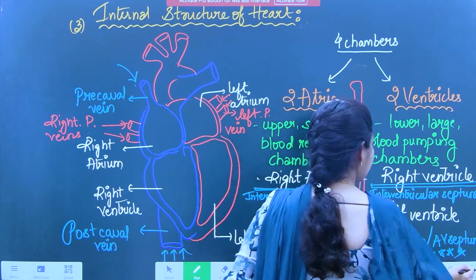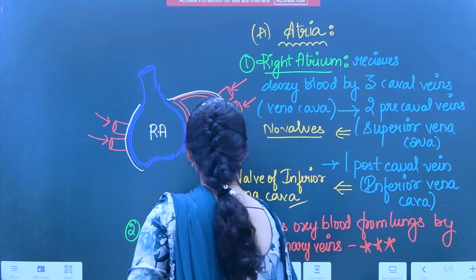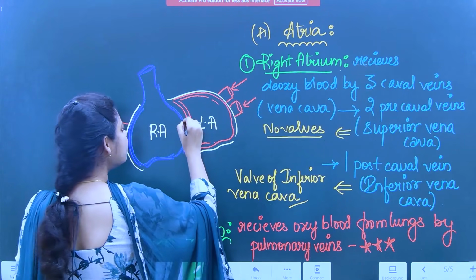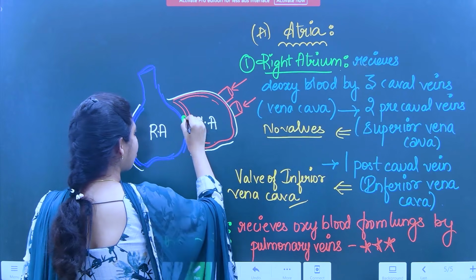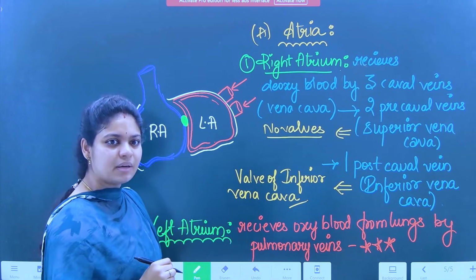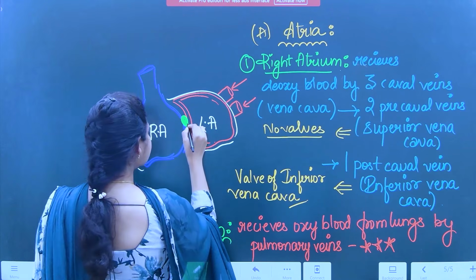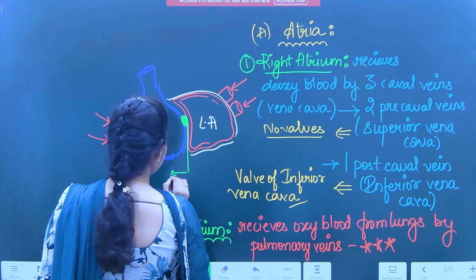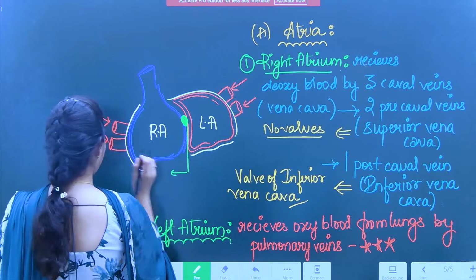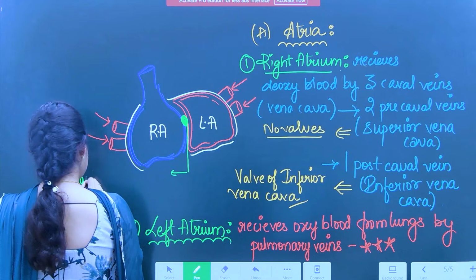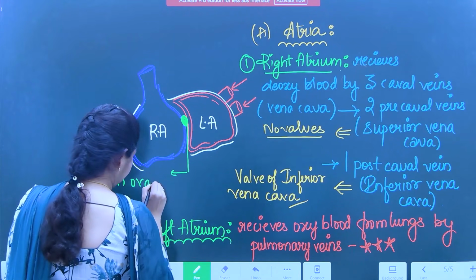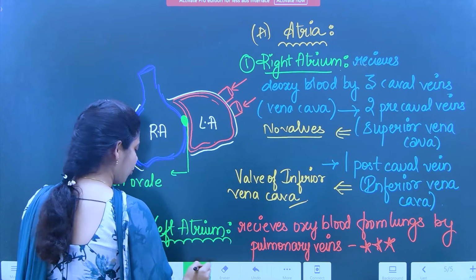Okay. Now, moving on to the most interesting part. I'm using the color green. On this, what is this septum? This is the interatrial septum. On this interatrial septum, we have a hole, which is called the foramen ovale.